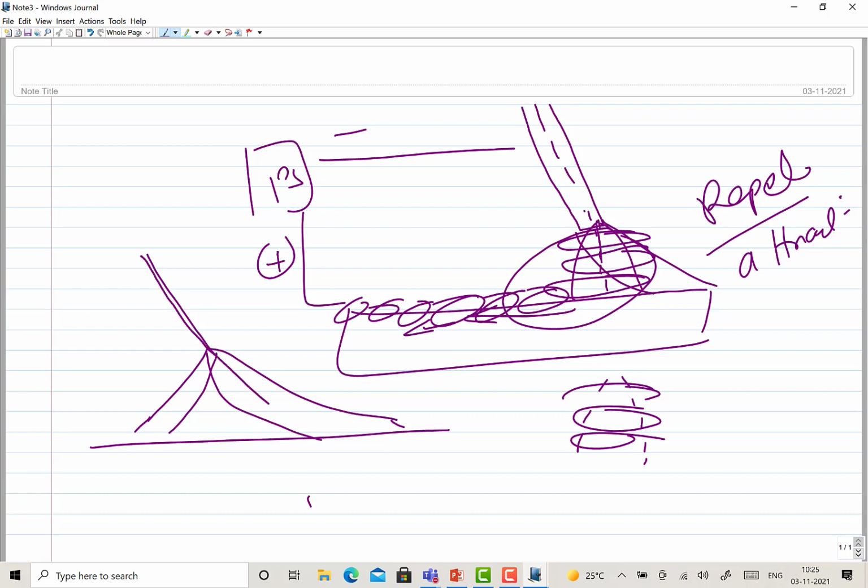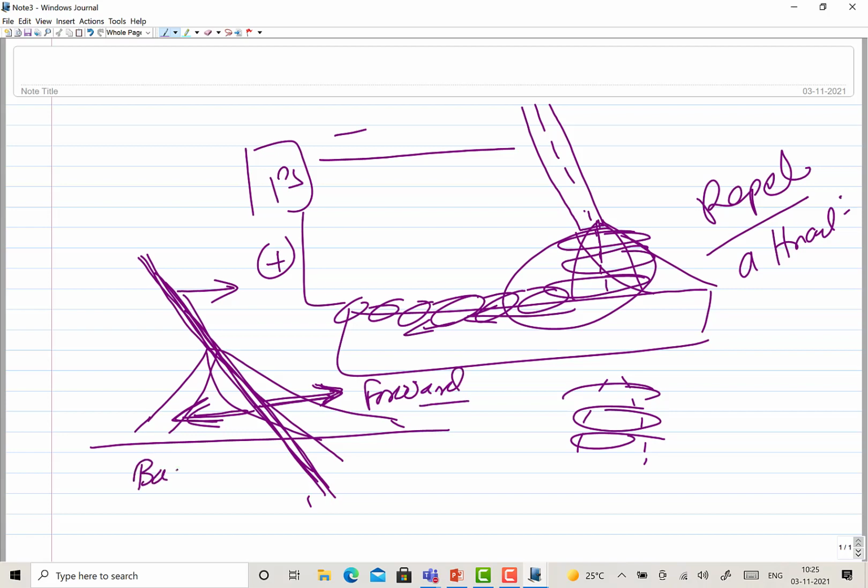In both cases, the welding arc is not moving in the direction of the axis of the electrode, but is deflected to one side or the other. If this is the welding direction, then the arc will be moving ahead of the electrode position, or in the other case backward. So in one case it is forward deflection, and in the other case it is backward deflection.